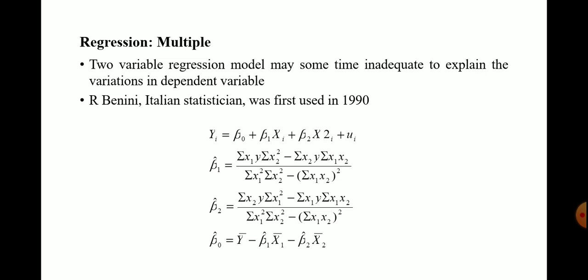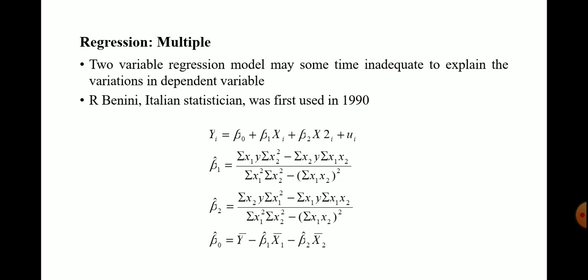Now, in your syllabus, one more part is there, that is multiple regression. In simple regression, as I told you, there will be only two variables, one independent variable and one dependent variable. But in practice, in many situations, we may not be able to explain the dependent variable using one single variable. So we have to include many other variables.